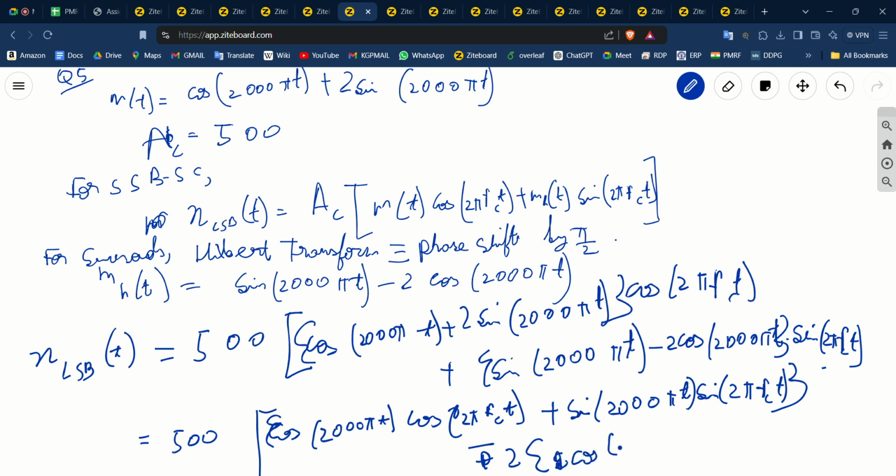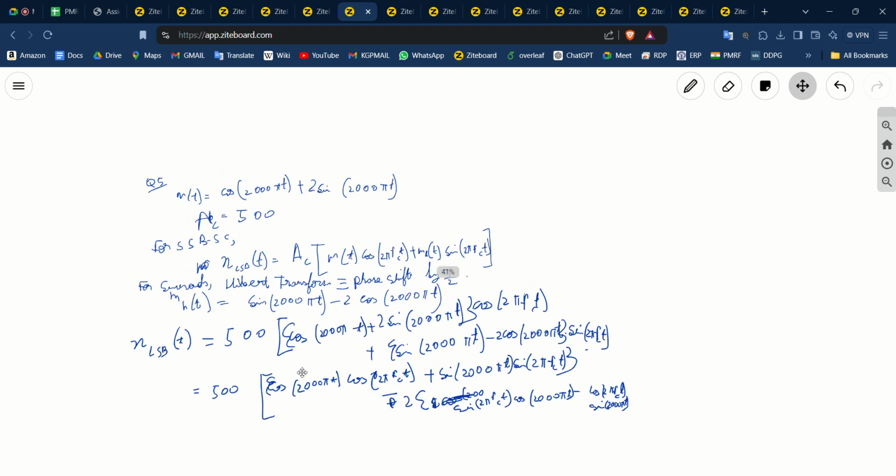So sin 2 pi f_c t cos 2000 pi t minus the first term, that is cos 2 pi f_c t sin 2000 pi t. We simply recollected the terms.